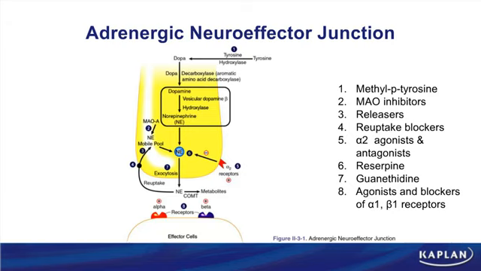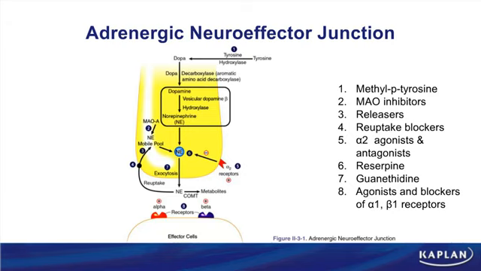And while that's an important reaction, that is not the most important reaction for limiting the actions of norepinephrine in the synapse. The way that you limit the action of norepinephrine in the synapse is rapid reuptake into the presynaptic nerve. If you follow this pathway on the left, norepinephrine is actively taken back up into this presynaptic neuron through a sodium-potassium ATPase transporter.